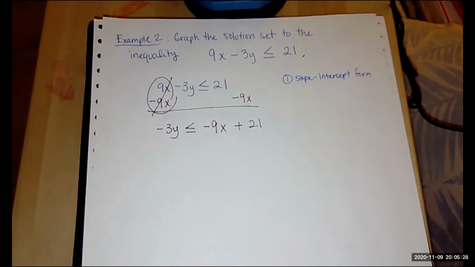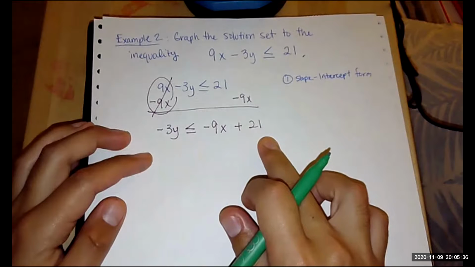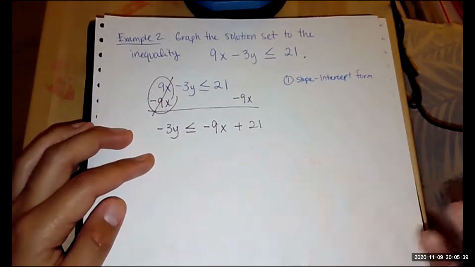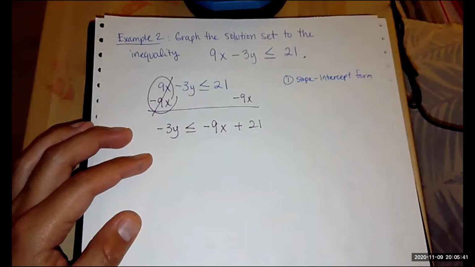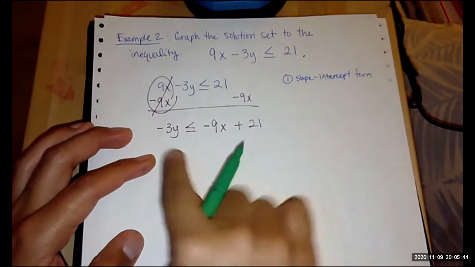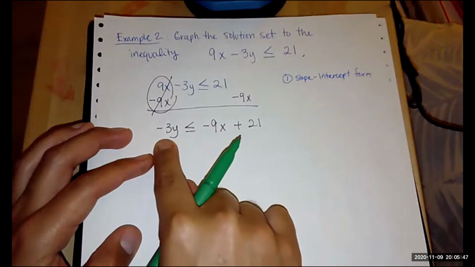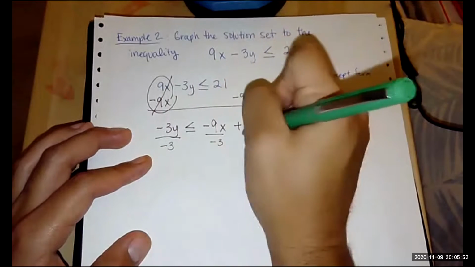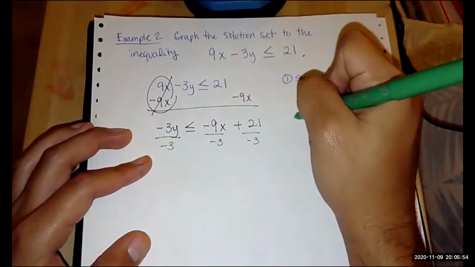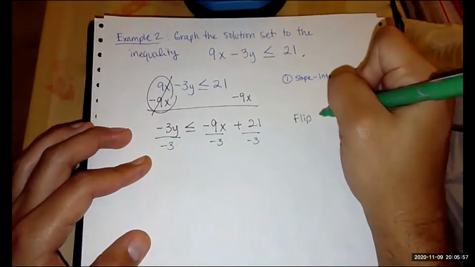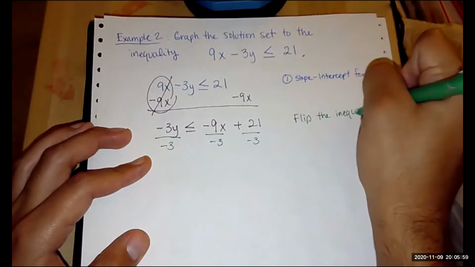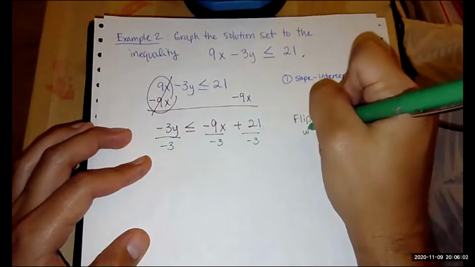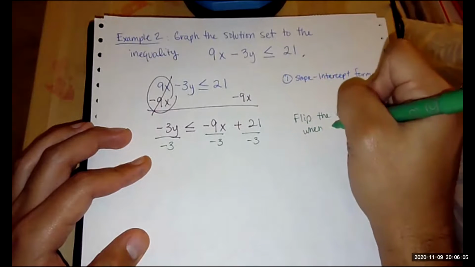Now here is where I anticipate a lot of students to make some mistakes and to run into some frustration. Because when we were solving equations and inequalities last chapter leading into test 2, when you solve an inequality, we need to get the y by itself. So we'll divide everything by negative 3, but you flip the inequality when you divide by a negative number.